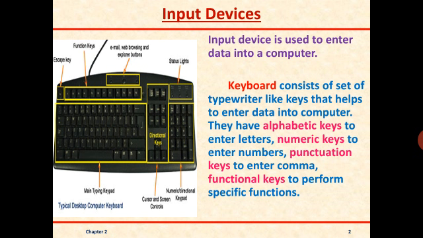It may be alphabetic keys to enter the letters, the numeric keys to enter the numbers, the punctuation keys to enter comma, period or semicolon, etc. Then functional keys to perform some specific functions. You might have observed functional keys like F1, F2, F3 up to F9. Those are called functional keys.